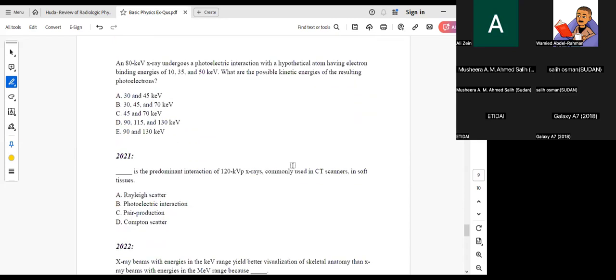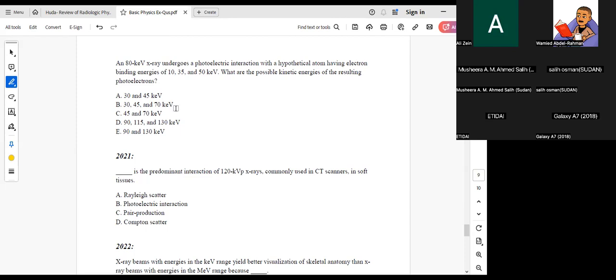An 80 keV X-ray undergoes a photoelectric interaction with a hypothetical atom having electron binding energies of 10, 35 and 50 keV. What are the possible kinetic energies of the resulting photoelectrons? So again, 80 keV can interact with both electrons, right? So we can have 30 keV and 70 keV.